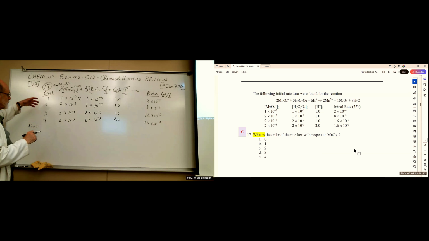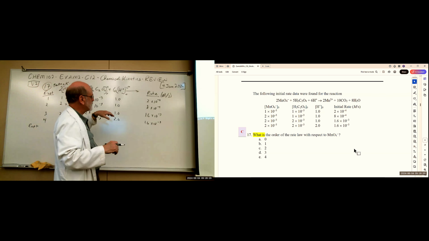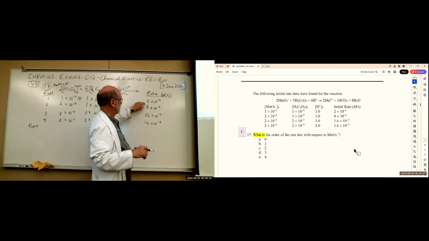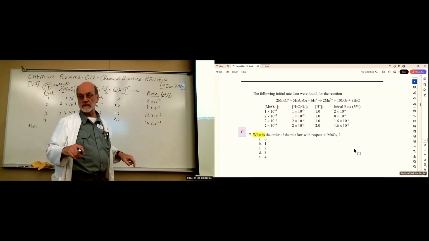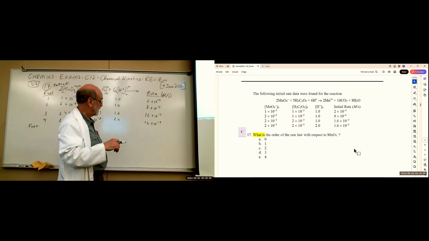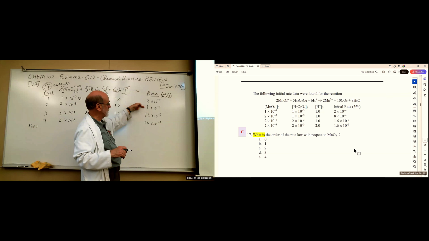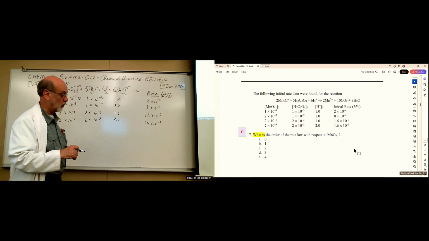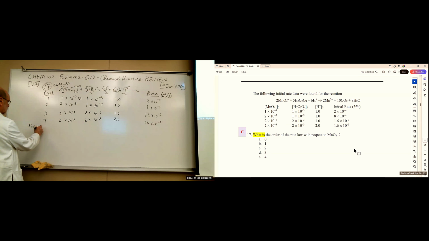And you can do them any way you want, but I like to do them in such a way that the ratio of the rates gives us a whole number, not a fraction. So in that case, we put experiment 2 on top of experiment 1.